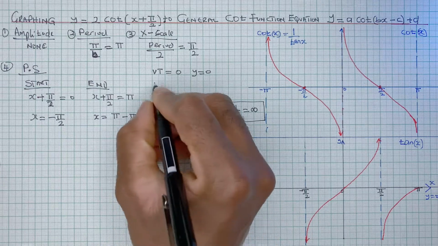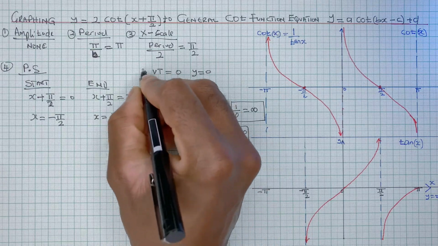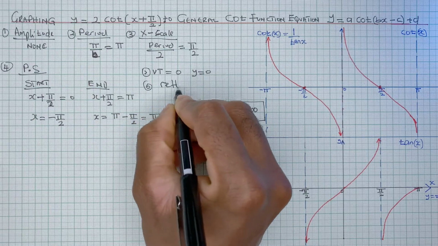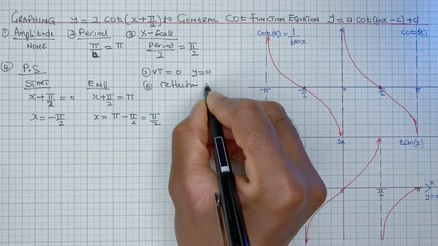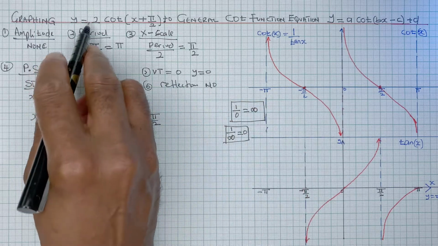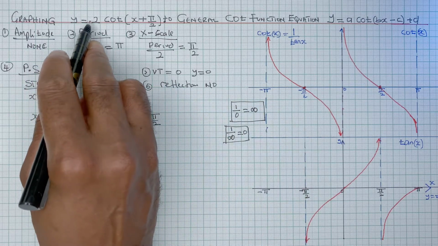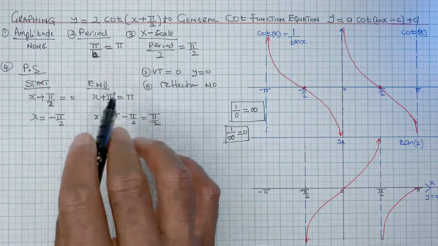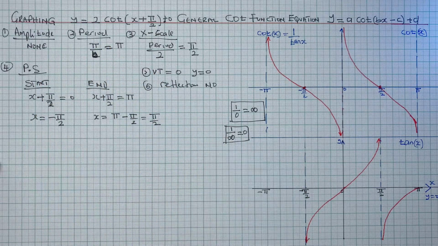Number 6, any reflection? No, because there's a positive here. If it's negative, then it will be a reflection. If that is minus 2, then the minus will make it reflect along the x-axis.